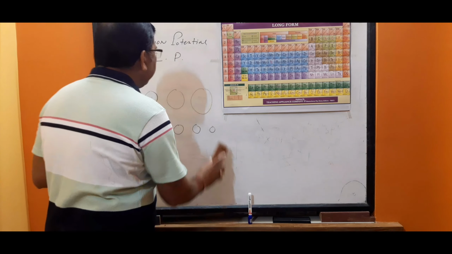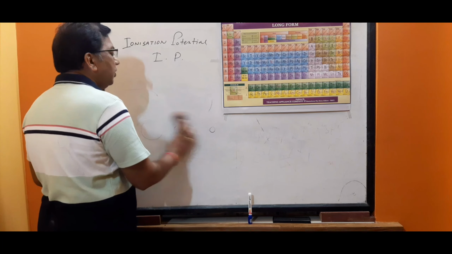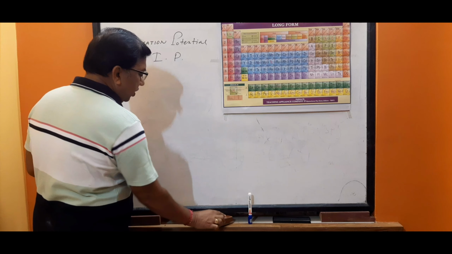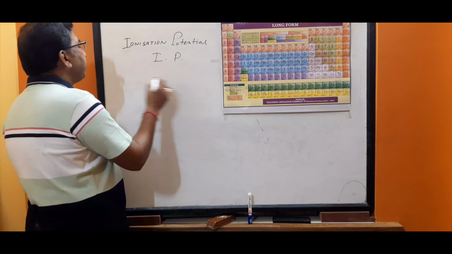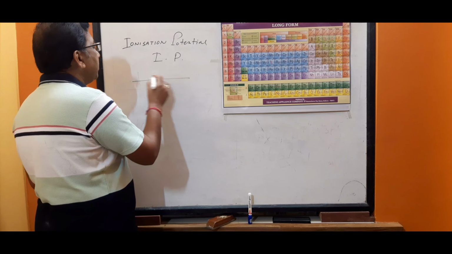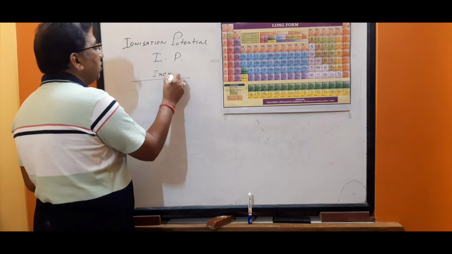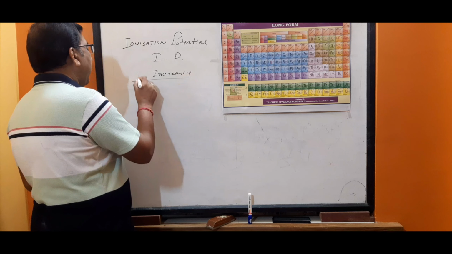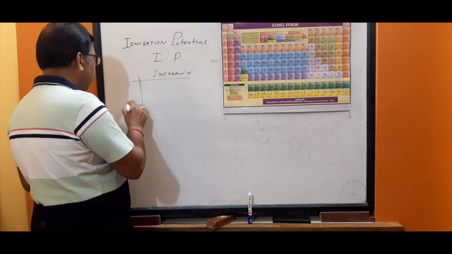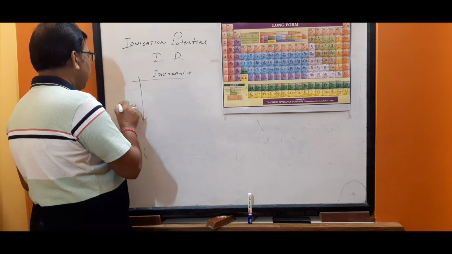In case of nitrogen and oxygen, what will happen? What you see is that the trend from left to right is increasing, and from top to bottom it is decreasing.